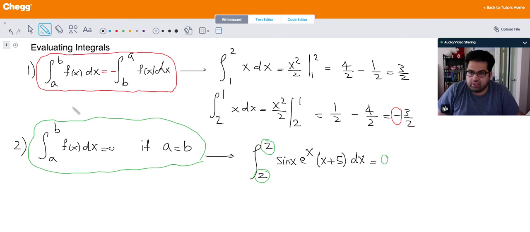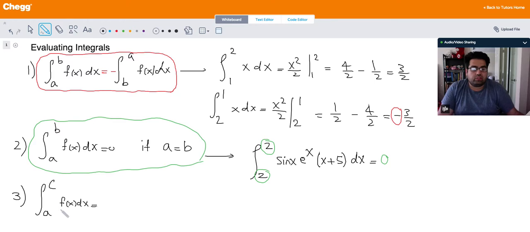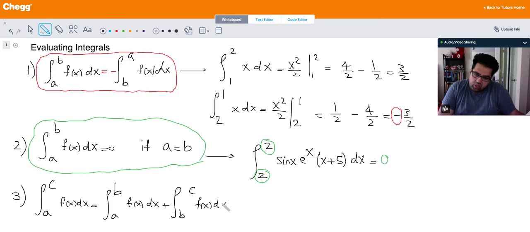Another property is that when you have the integral from a to c of f of x dx, it can be broken down into more intervals. I can write it as the integral from a to b of f of x dx plus the integral from b to c of f of x dx. So I can write one integral in terms of two other integrals, but the only condition is that b must be a number between a and c.